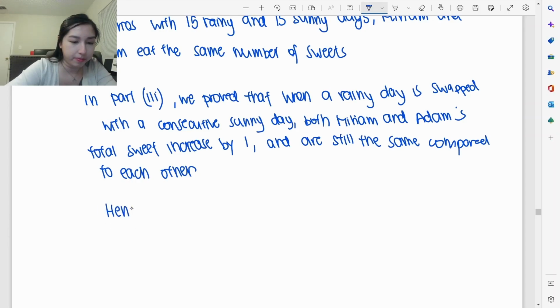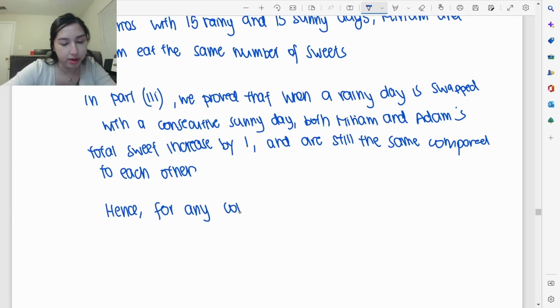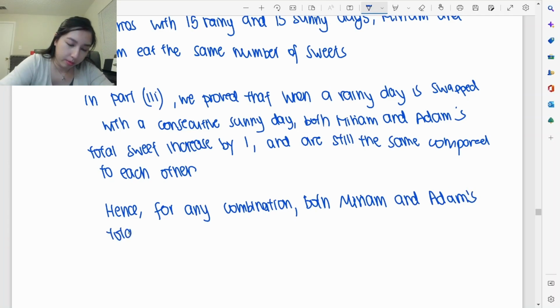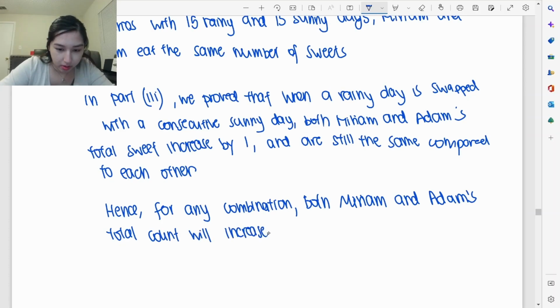Hence, for any combination, both Miriam and Adam's total count will increase or decrease by the same number. Yep, that's a good one.